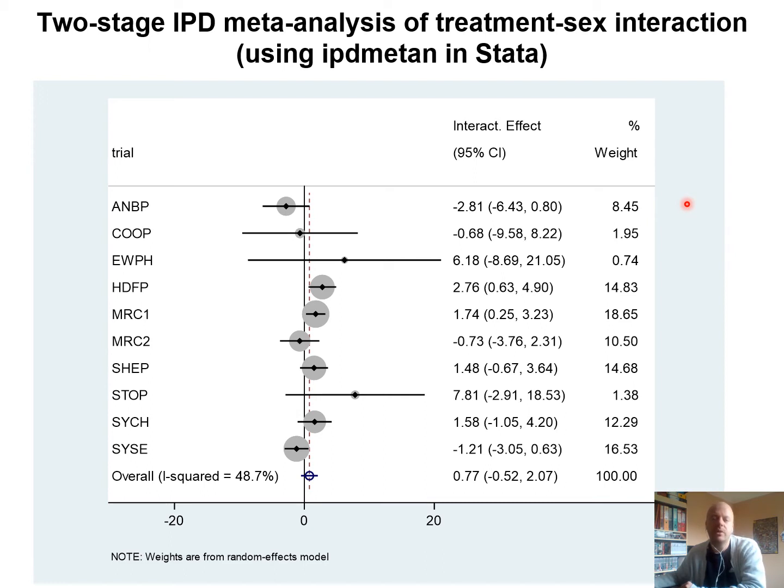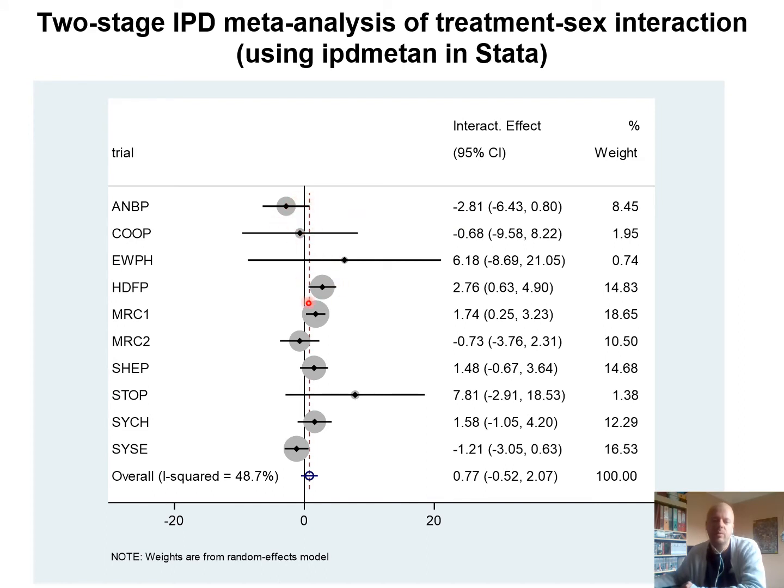So this is what I've done in a two-stage approach, again using the Ipd Meta module in Stata. So in every single trial, I've estimated the interaction between sex and treatment, and we see that there's a very, very small difference in the treatment effect between males and females in every single study.